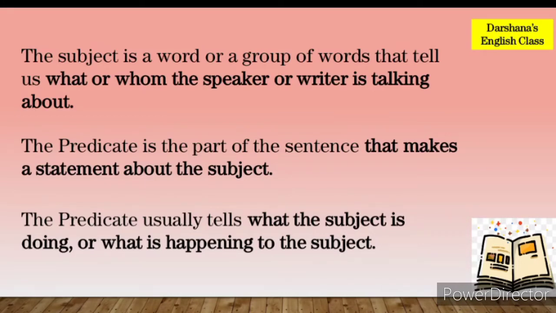The predicate usually tells what the subject is doing or what is happening to the subject. Now, if you see the first line, I have mentioned the subject is a word or a group of words. What does that mean? We are discussing it in the next slide.